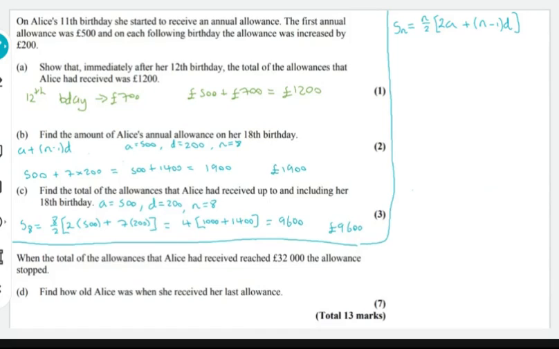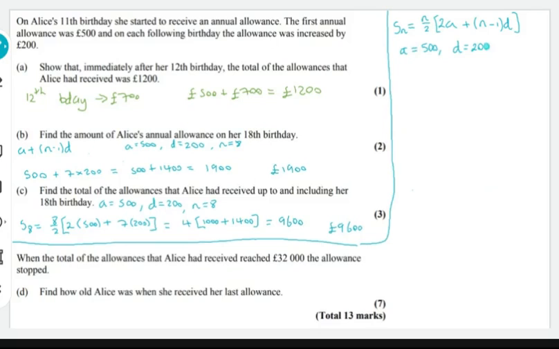Okay, so Sn equals n over 2, 2a plus n minus 1 d. Okay, so rearrange this, times it by 2 first. So we're trying to work out n, aren't we?